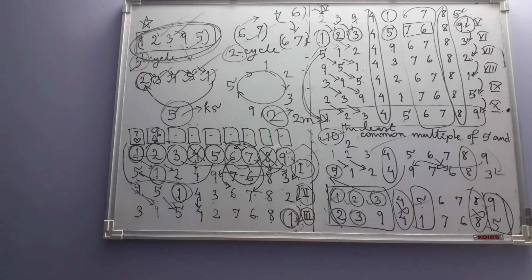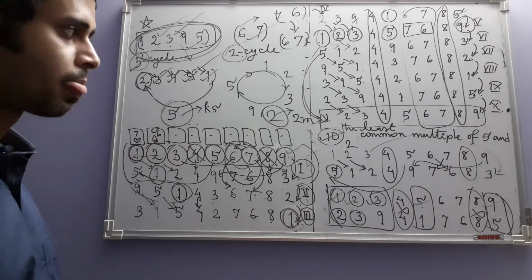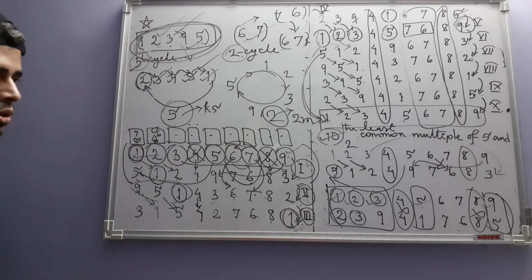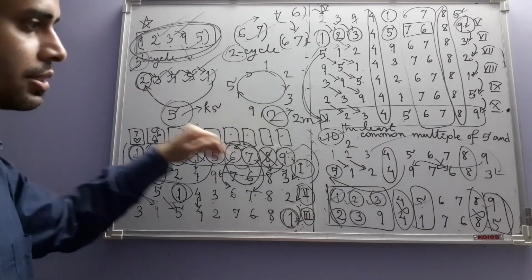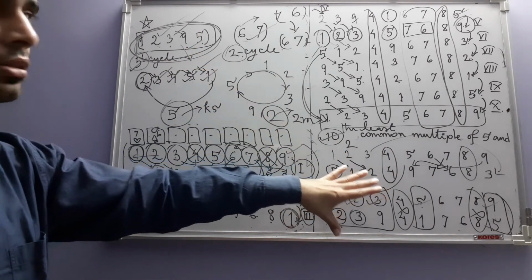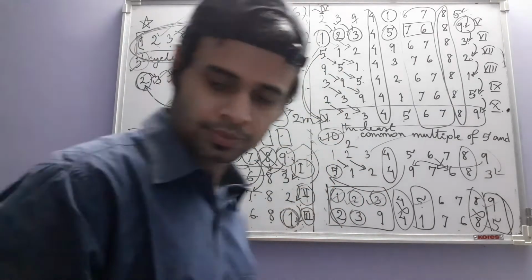Now let's apply this to yet another shuffling scheme. But now that we know what to do, we are not going to do the entire thing. We will just carry out the calculation of what we have found.